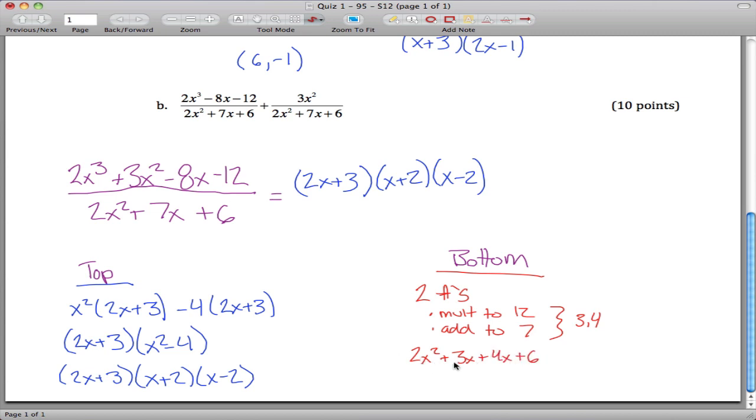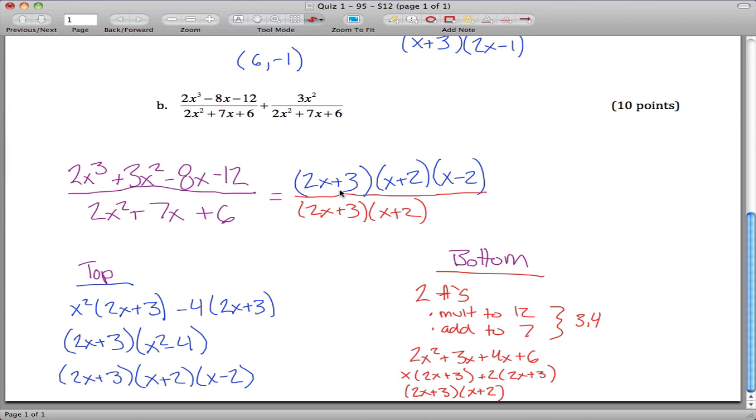And then in these first two terms, the greatest common factor is an x. Factor that out, you're left with 2x plus 3. To be left with 2x plus 3, we have to factor out a 2 from these second two terms. And now you factor out the 2x plus 3, and you're left with x plus 2. So the bottom here factors out as 2x plus 3 times x plus 2.